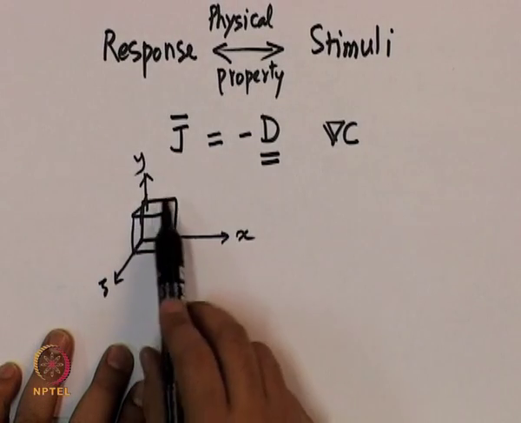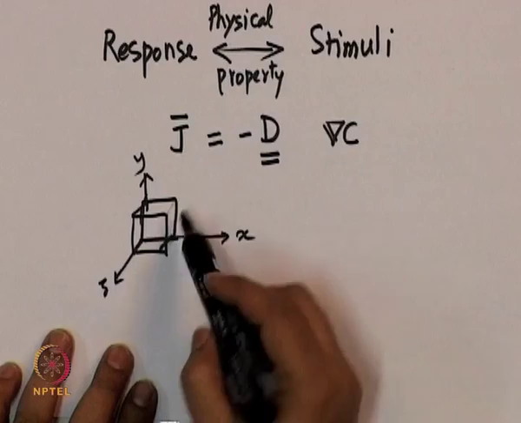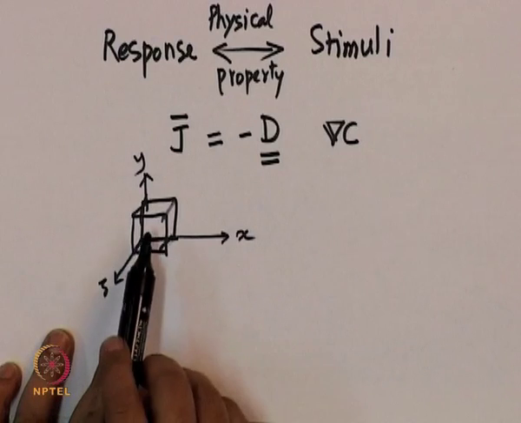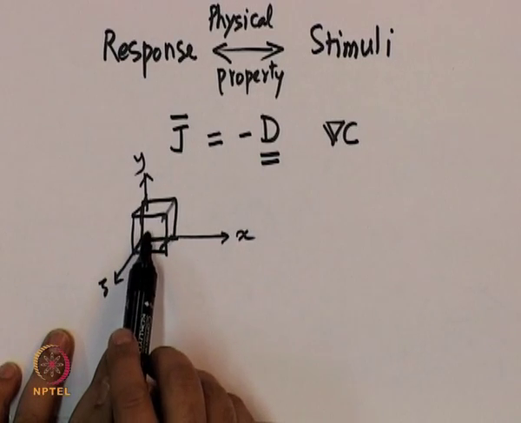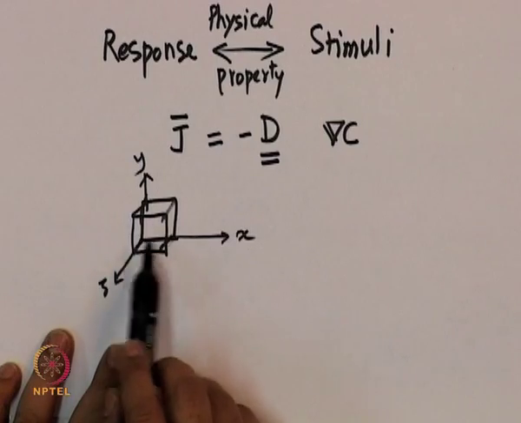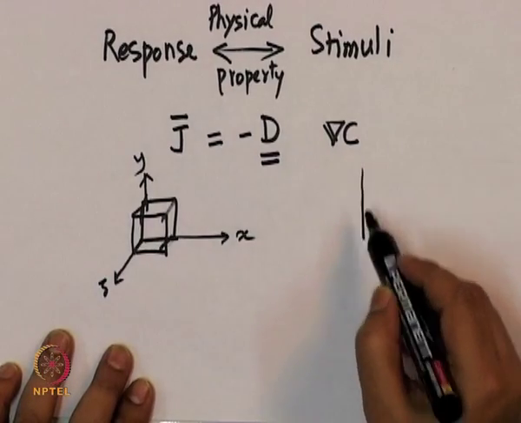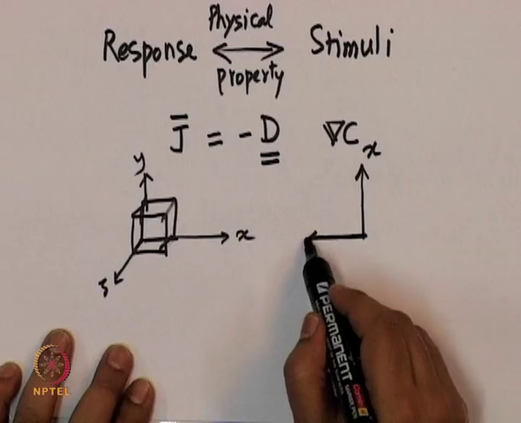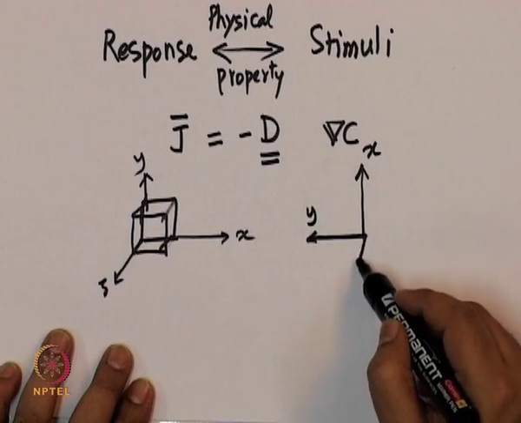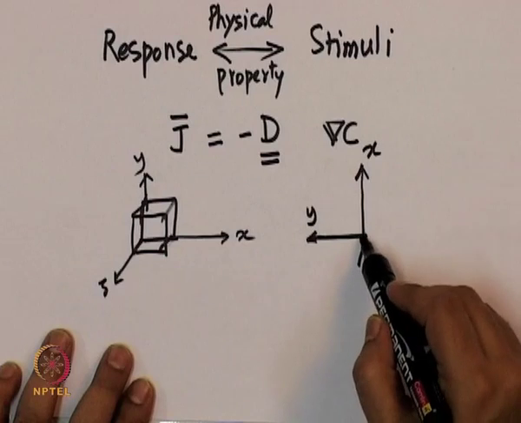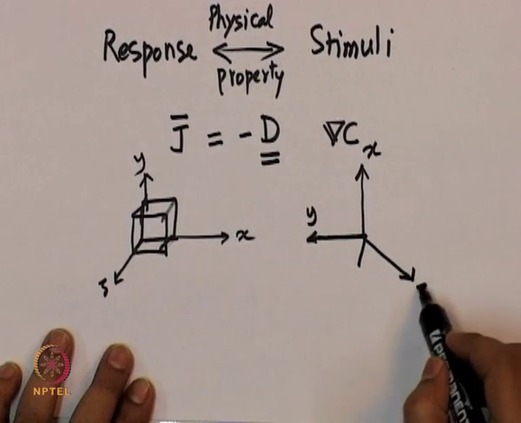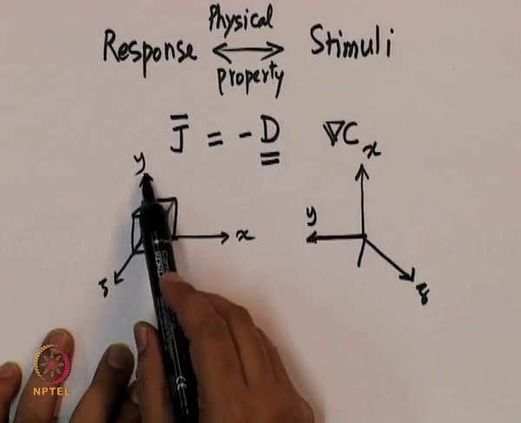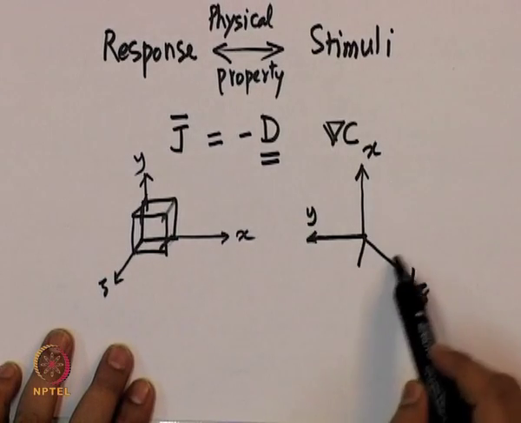I can take the same crystal and then I can do a 90-degree rotation on this about a point that is through the center of this cube, for example. What would that do? The 90-degree rotation will take x here, and from y it will take from here, and z it will take from here to here.